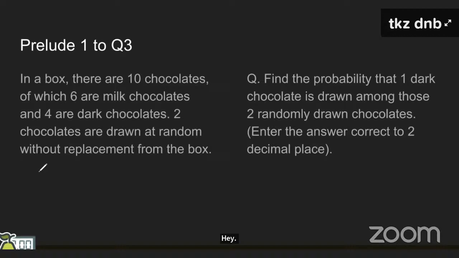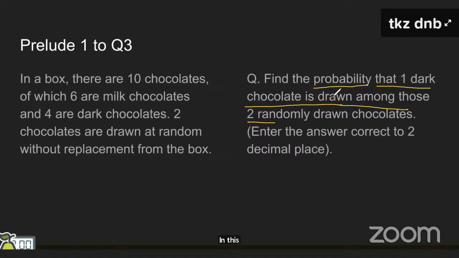So why have we not considered the cases like zero dark chocolate, one dark chocolate, and two dark chocolates? Because in this question they have asked the probability that one dark chocolate is drawn. Only for one they have asked, no? That's why we are not considering all those cases.